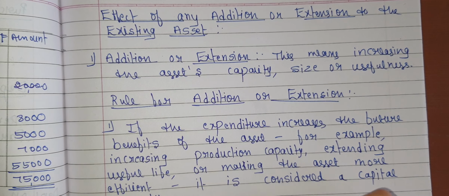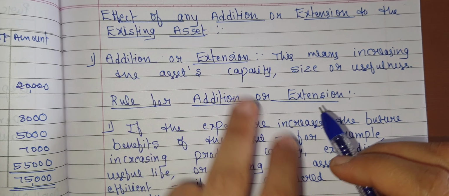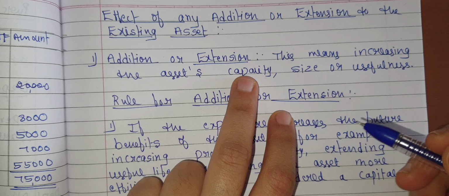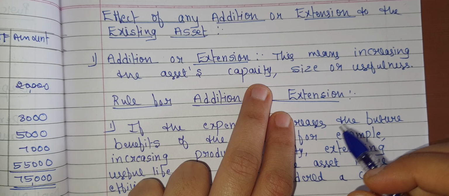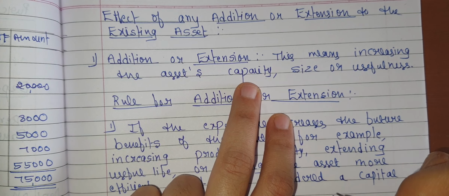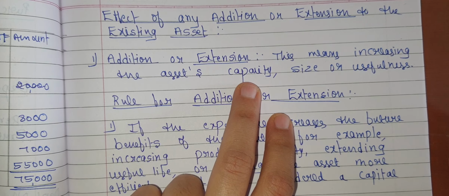If we spend more money on the existing fixed asset, the asset's production capacity, size and usefulness become more. That is what addition or extension is.